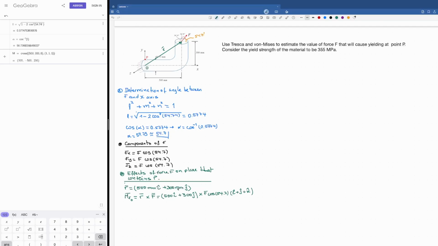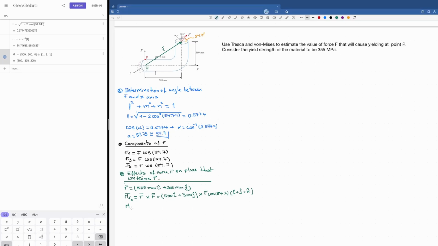Then again, why is it 1? Because this is the vector that defines the direction of this force, and the three components of force F are going to be the same magnitude. It means that I can extract the magnitude from them, and what remains here is a perfect unit vector. So my resultant moment is going to have components in the 3 axes.